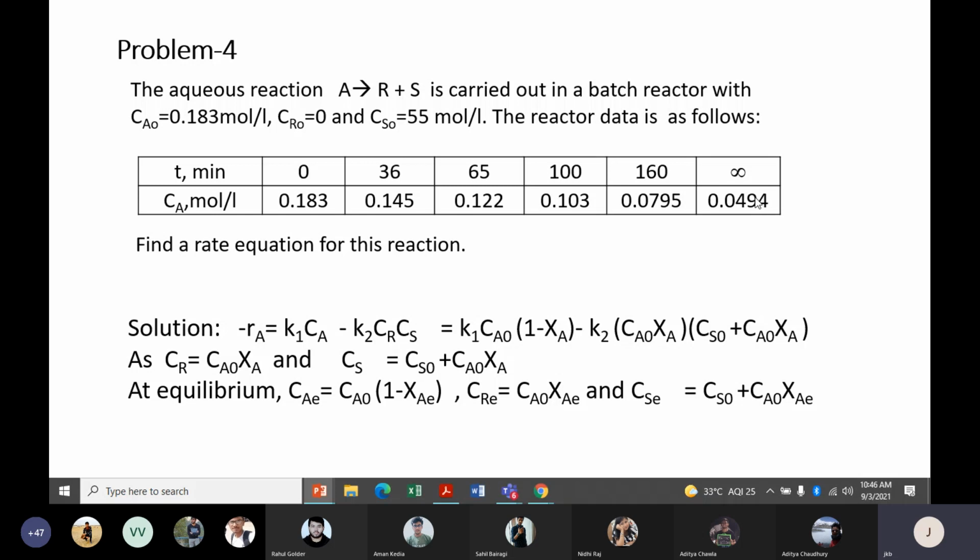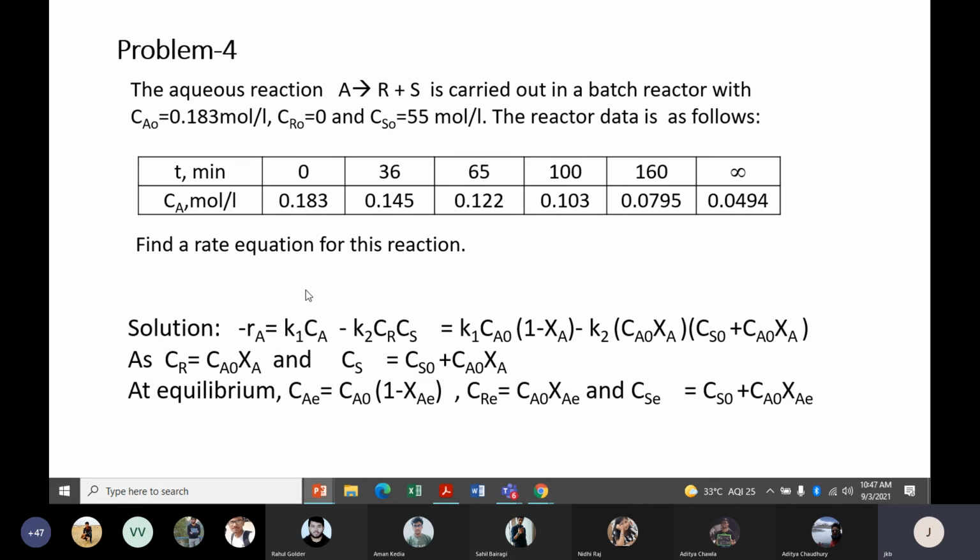And if it is happened, you can observe this type, it is reversible. In case of reversible reaction, after infinite time, there will be some amount of A, certain amount A is left. But you see in the statement of the problem, nothing is mentioned. But here, seeing this point, infinite time, some concentration of A is leaving.